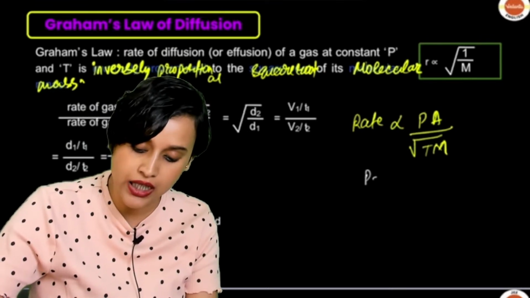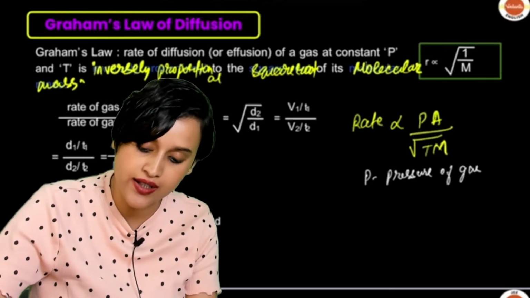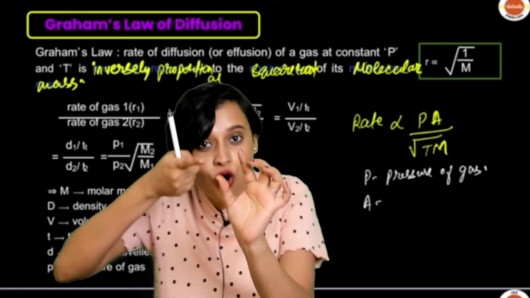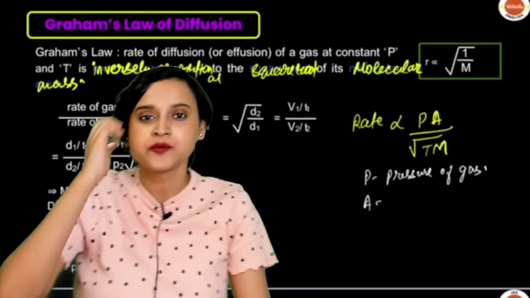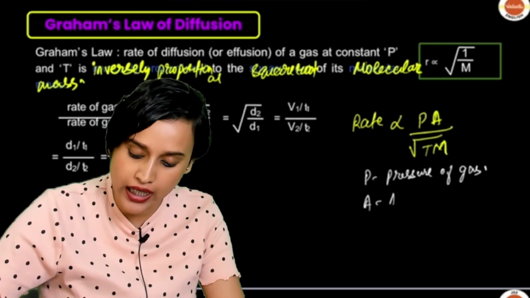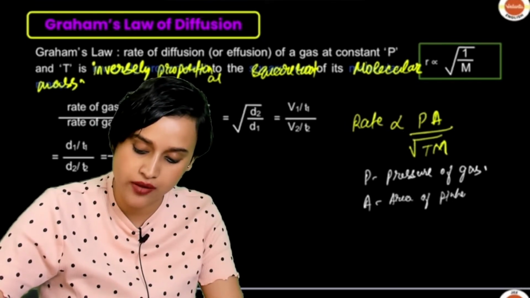What is P? P is pressure of gas, which is constant. What is A? A is that hole that you made, like a poke in the balloon, that pinhole. So area of pinhole cross section.